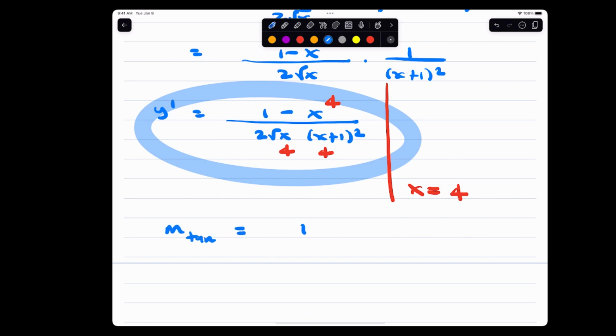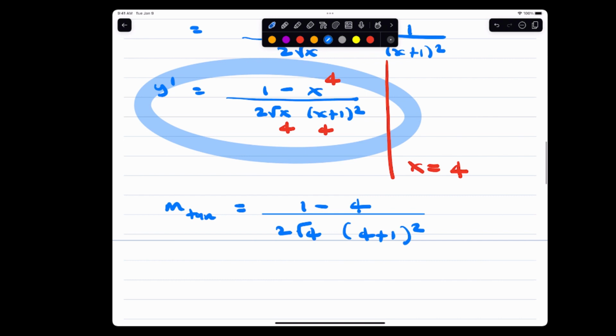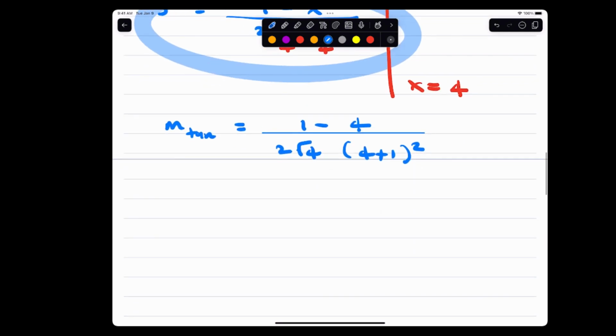M tangent is 1 minus 4 over 2 square root of 4, times 4 plus 1 squared. So what's the slope of the line?